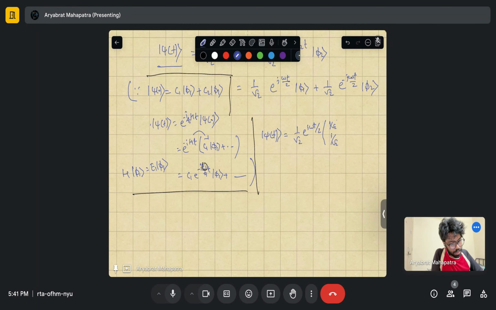I'm replacing phi 1 and phi 2 with the column vectors which I showed you before, those are the eigenvectors of your Sy.